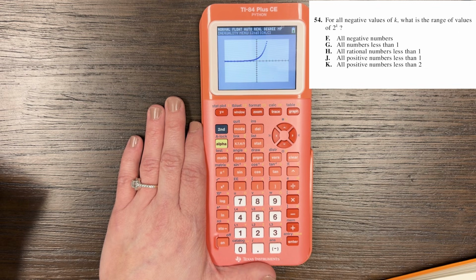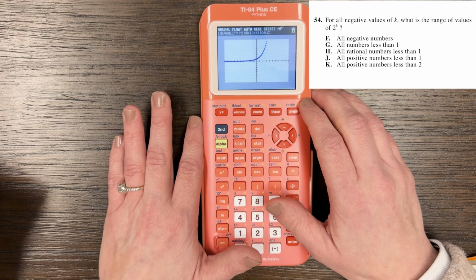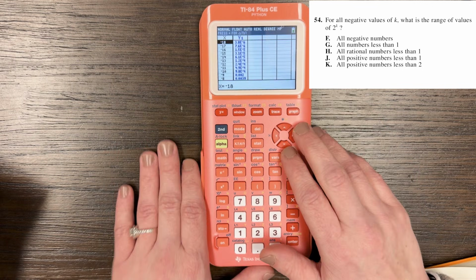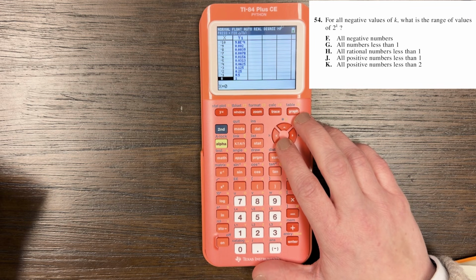the table feature. So we are looking for when the x's are going to be negative, because k is going to be our x. And so let's go second table. And so as we look through all of our negative x's, you are seeing kind of a trend. It is less than 1, and that's the key thing that I'm seeing.